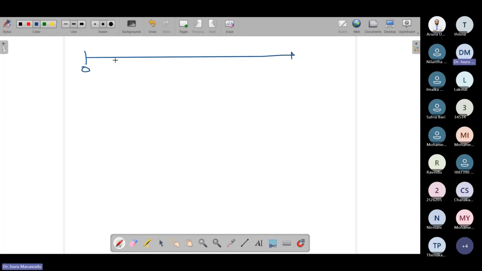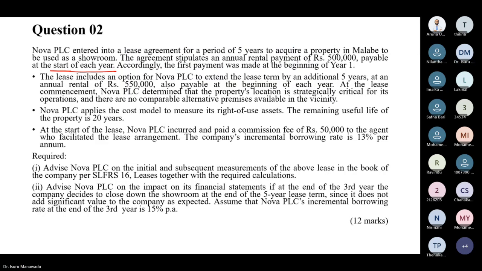Year 0, 1, 2, 3, 4, 5, 6, 7, 8, 9, and 10. Beginning of the year in the sense, beginning of year 1 means year 0 here. Right? Let me read the first bullet point.